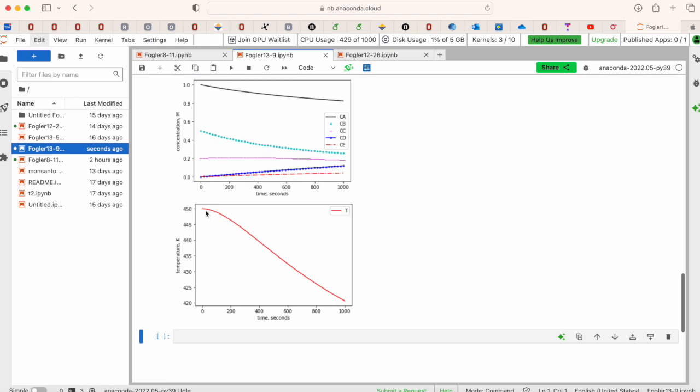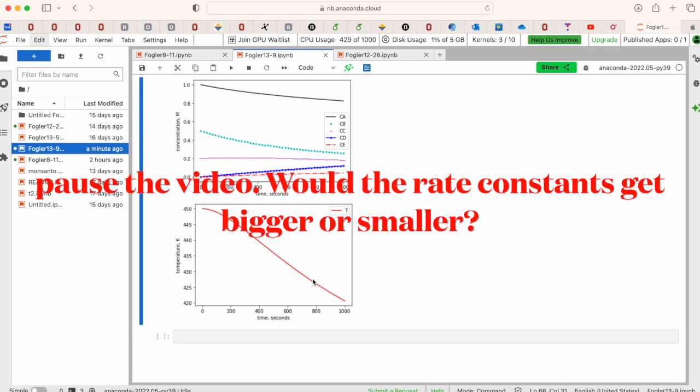Another thing we see here is my temperature. The temperature initially starts out constant. For the first couple of seconds, I have the temperature remaining constant, and then it falls. Several things about this. If the temperature is decreasing the whole time, that means the rate constant would be decreasing.